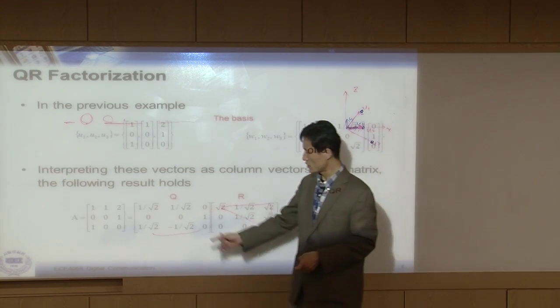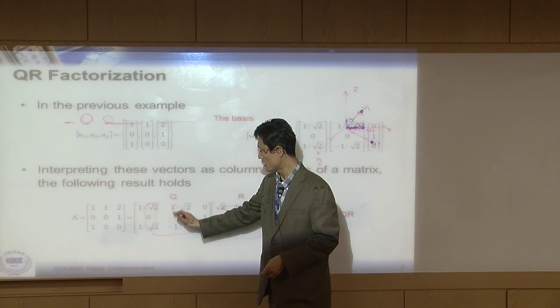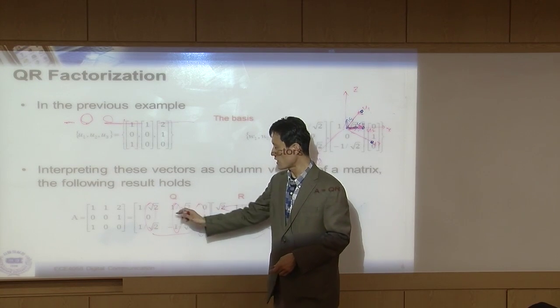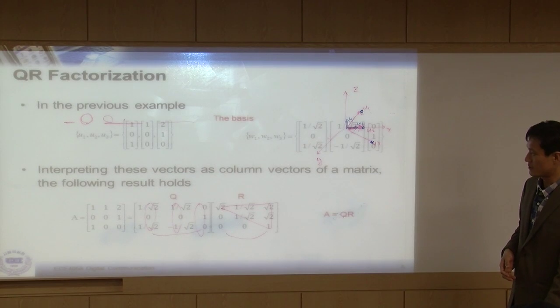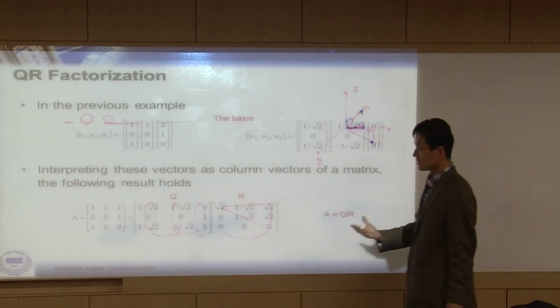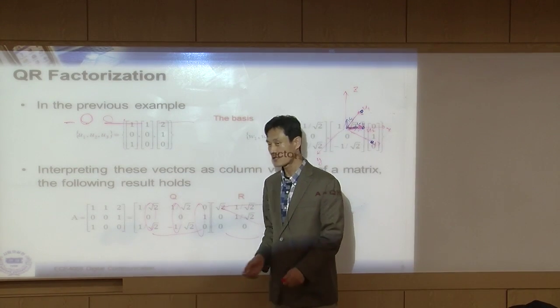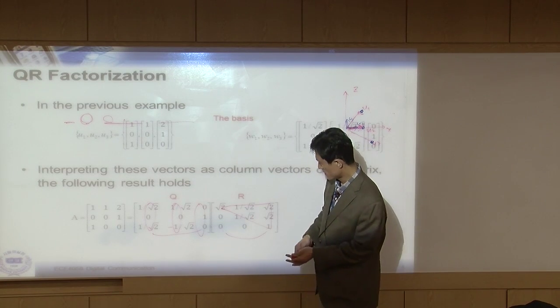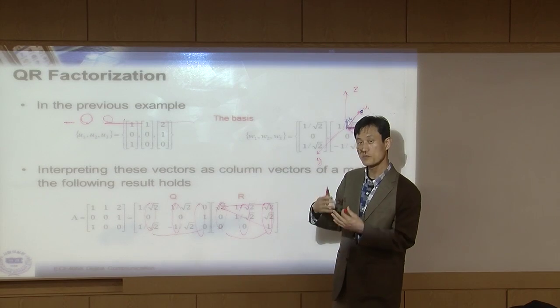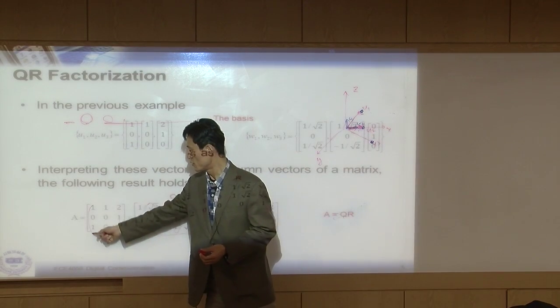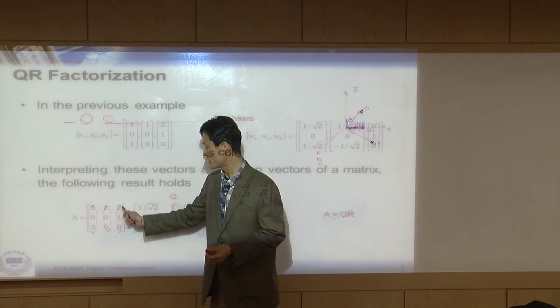And in the Q, you have 3 columns, and these 3 columns are the same as the basis. So using these 3 columns as a basis, these are the new positions of your original vectors.